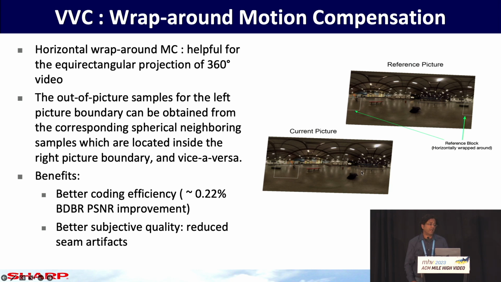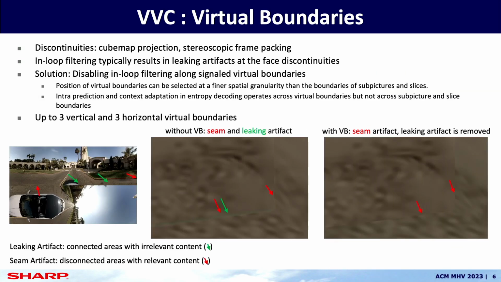But for equirectangular projection, it actually makes sense to use the pixels from the left side of the boundary to pad to the right and vice versa. And in fact, it was shown that it gives a compression efficiency benefit of about 0.22% BDBR, which is Bjøntegaard delta bitrate PSNR improvement. It also improves the subjective quality.